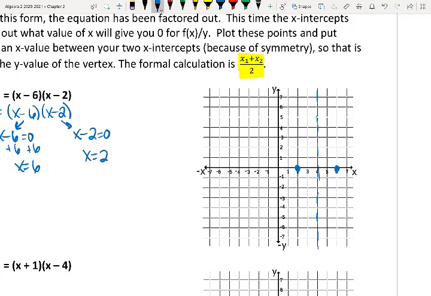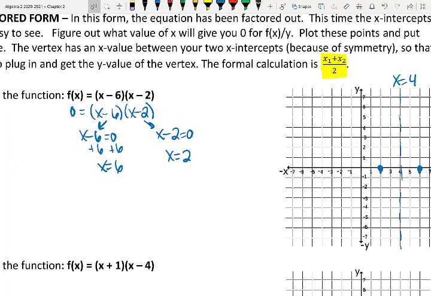Now, from here, this is basically like going back to our standard form problems. You know what the x value is for your vertex. In this case, x equals 4 is my AOS. So I can take that x value and plug that back into my equation to figure out what the y value is. So I'm going to change to red for that.